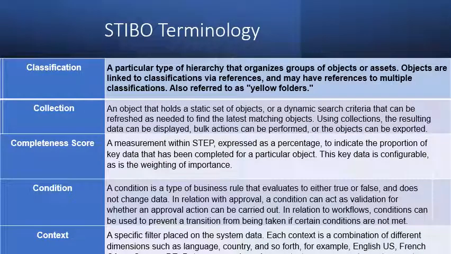A classification is a particular type of hierarchy that organizes a group of objects or assets. A hierarchy can be, for example, a supplier hierarchy or a brand hierarchy, with level 1, level 2, level 3, level 4, level 5. Based on the business, we can define how many levels are required.